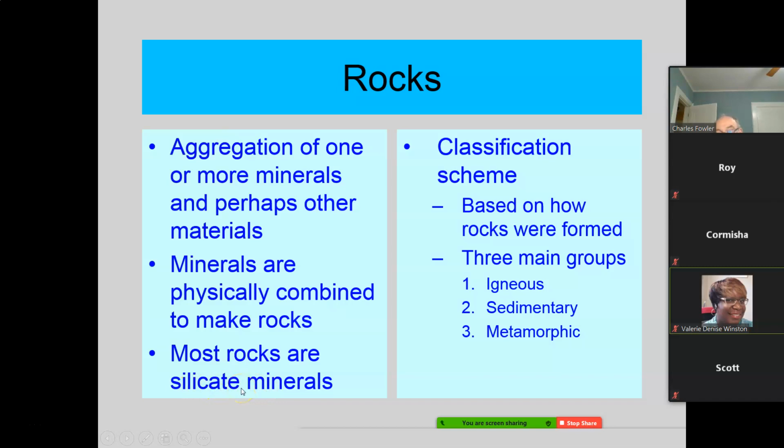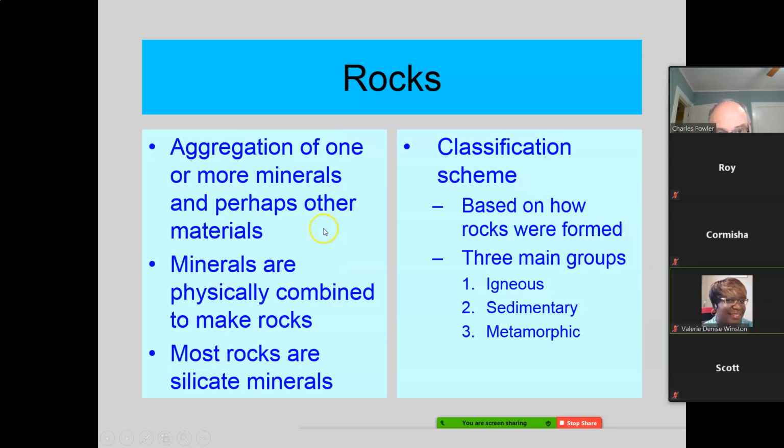Now, limestone, like we said, has a lot of calcium carbonate, which is calcite, and dolomite, which is calcium aluminum carbonate. But guess what? Even limestone has silicate materials in it. Your non-silicate minerals don't, but the rocks where we get them from, they may have them in there.